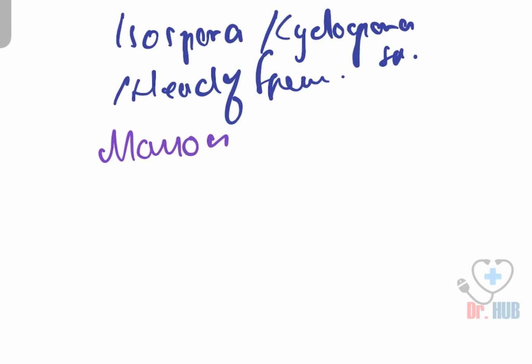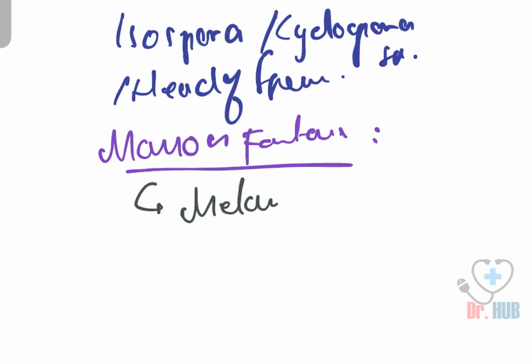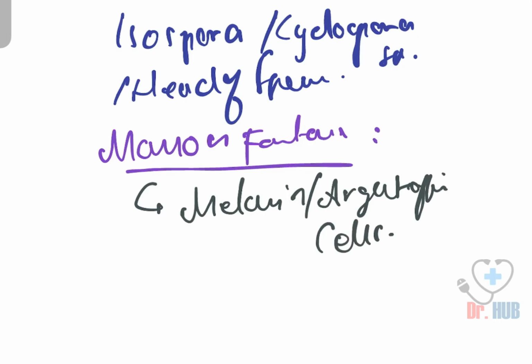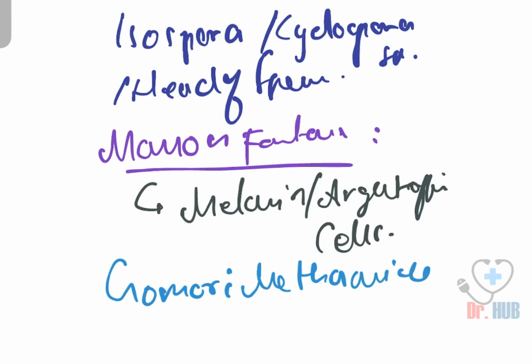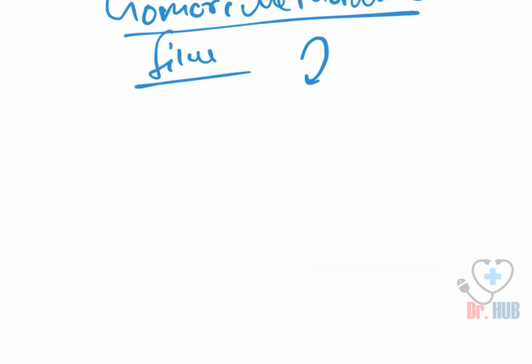Next, we look at the Masson-Fontana. Masson-Fontana is used in case of the melanin as well as the argentaffin cells. Then we look at the Gomori methenamine silver. In case of the Gomori methenamine silver, it is used in case of the fungi.